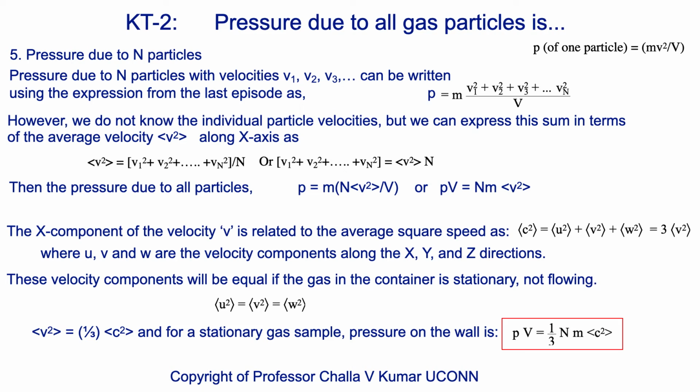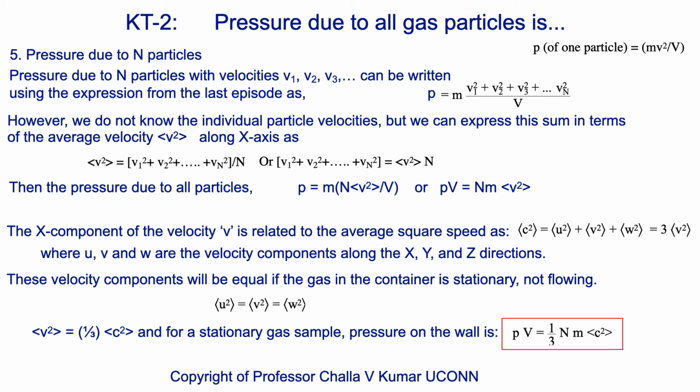So again, pressure of the gas multiplied by the volume of the gas is equal to 1/3 N m c squared. So let's look at it from a different point of view. Pressure times volume, if you look at the units, is simply equal to energy, units of energy.